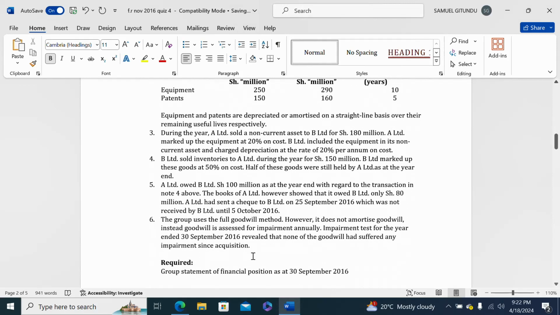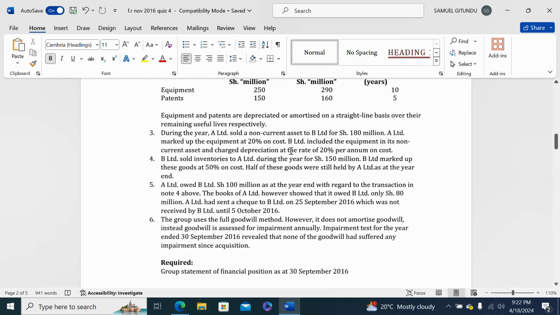So we first calculate the unrealized profit, then we calculate the depreciation overcharge by B Limited, because A Limited sold this equipment for 180 million at a markup of 20%.